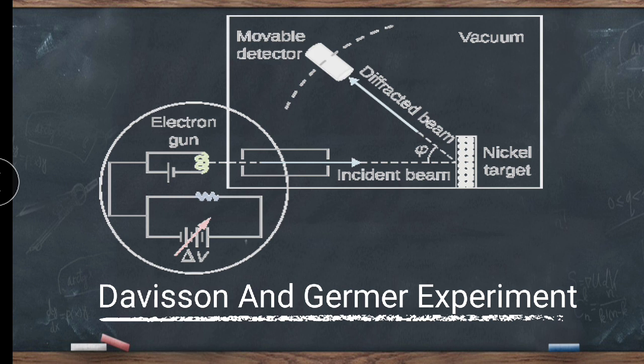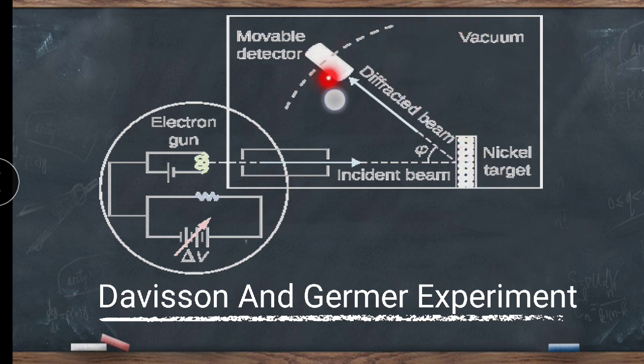Now we are heading toward the explanation of this experiment, right? We are giving the high tension to this electron gun, and because of this electrons start to emit. As electrons have negative charge, they get accelerated toward the positive anode. When they pass through the fine aperture of the anode, they are incident on the nickel crystal, right? These electrons collide with the atoms of the nickel crystal, and when they come out they get spread in all directions, right?